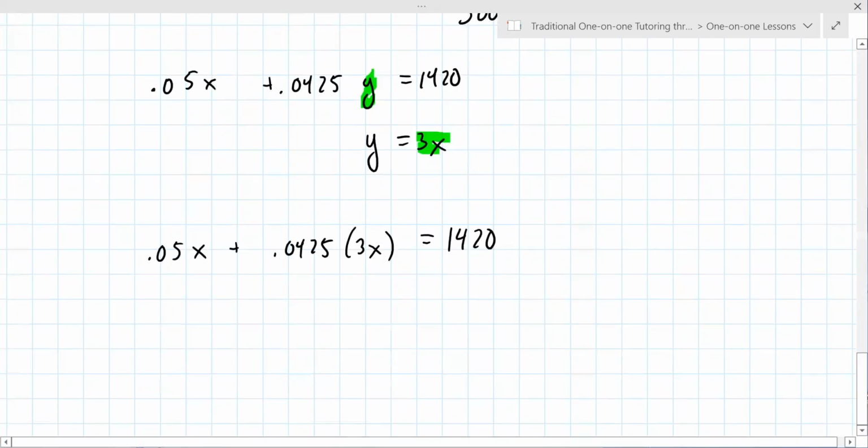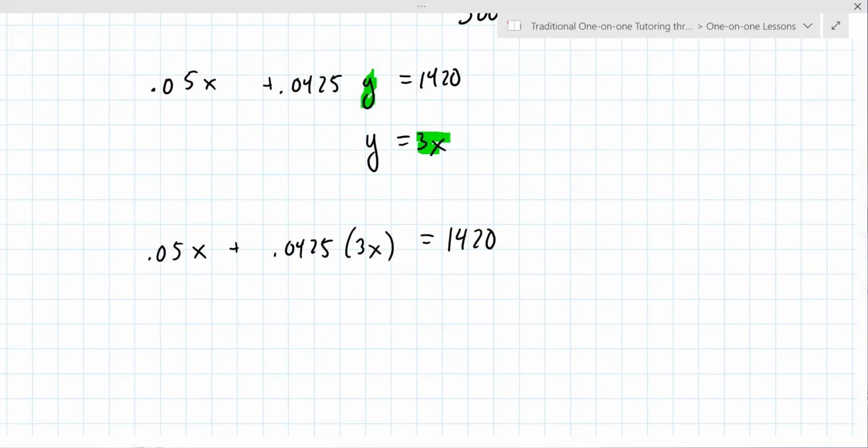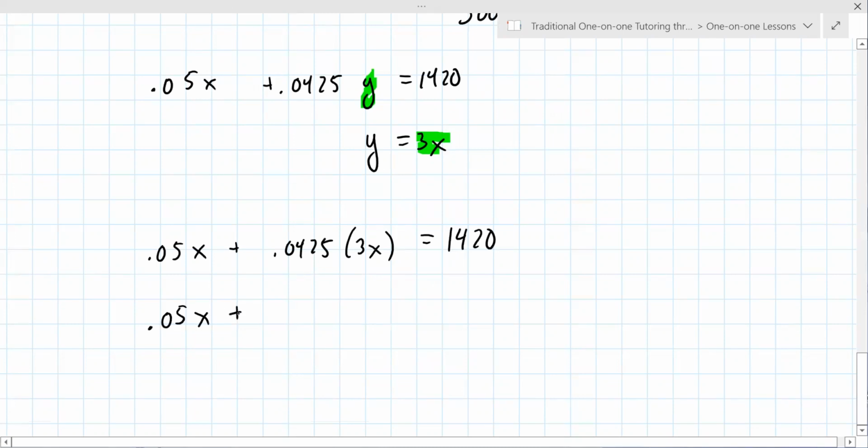All right. So now you have to simplify. You have to take that 0.0425 and multiply by the 3. So if you've got a calculator handy, go ahead and tell me that. 0.1275. Good. X. What can you do now on the left side of the equation?